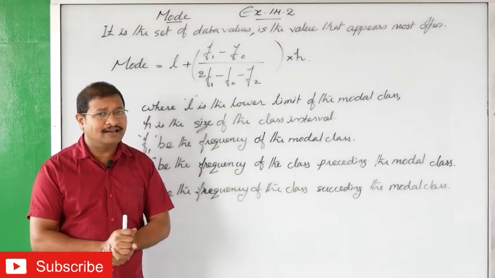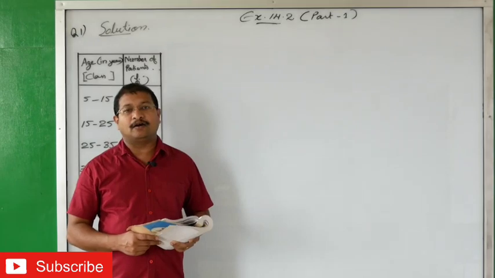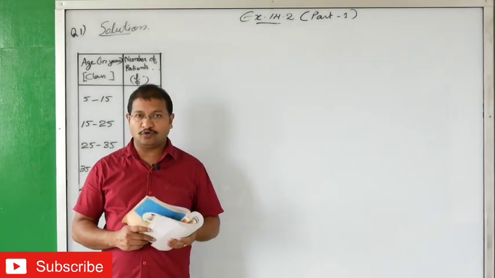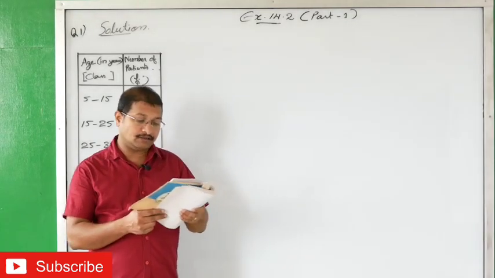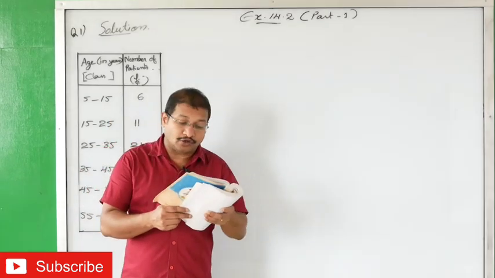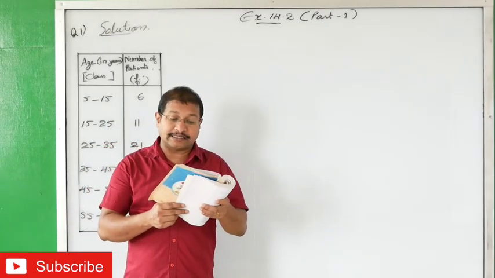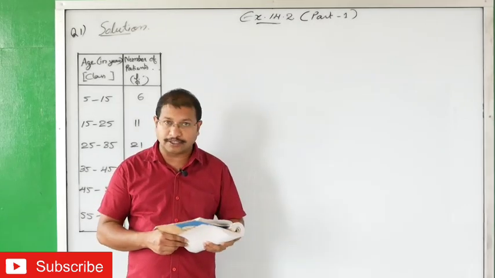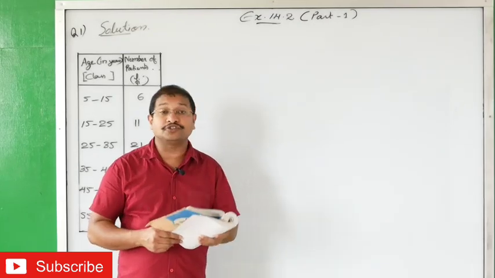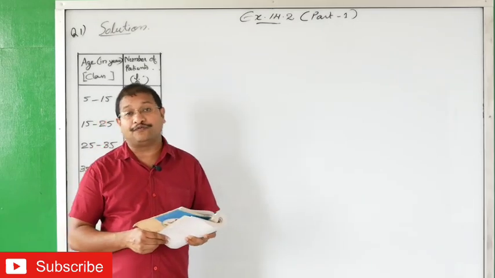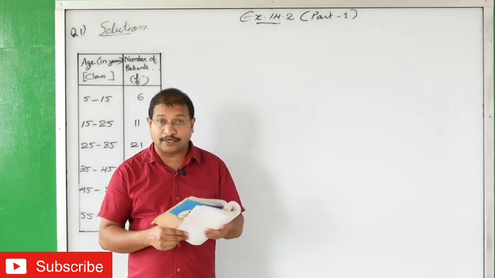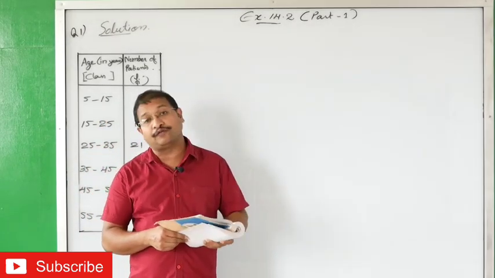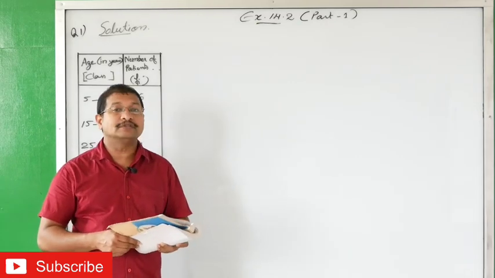Okay? Ready? Let's start the exercise. Let's see now exercise 14.2, question number 1. I'll read the question once. The following table shows the age of the patients admitted in a hospital during a year. Age in years: 5 to 15, 15 to 25, 25 to 35, 35 to 45, 45 to 55, 55 to 65.